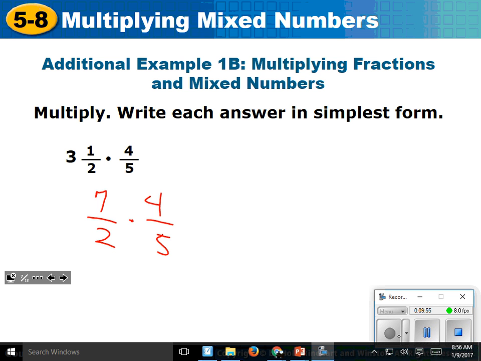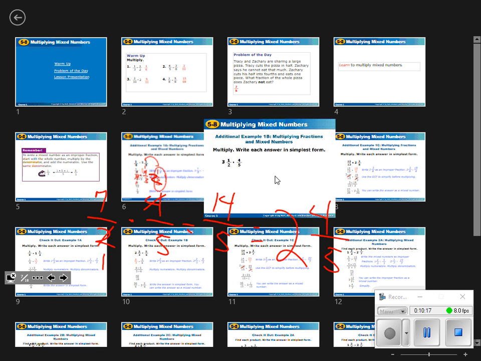This becomes a 1. This becomes a 2. 14 over 5, then we need to reduce that. 5 goes into 14 2 times with 4 left. And keep our denominator. Good? Happy with that? See what the other problems look like.